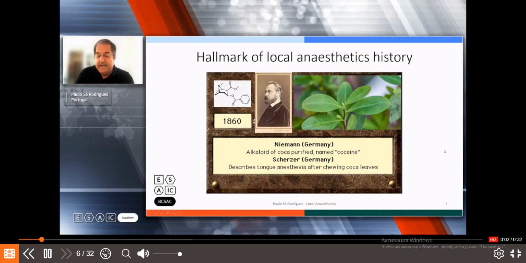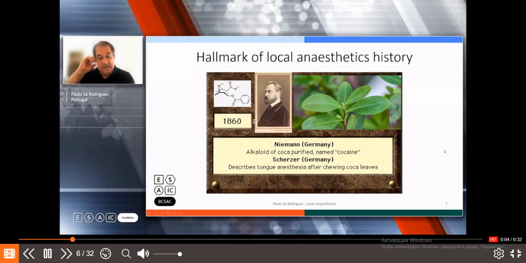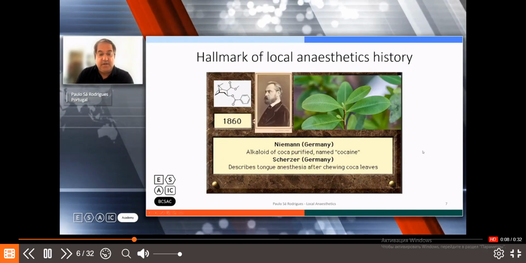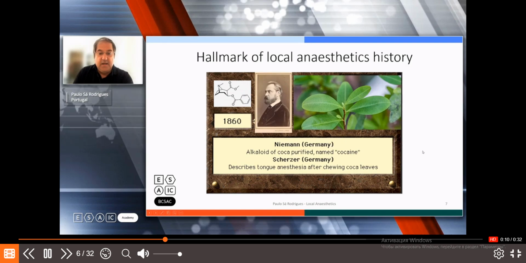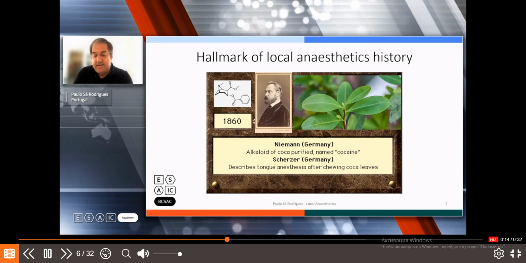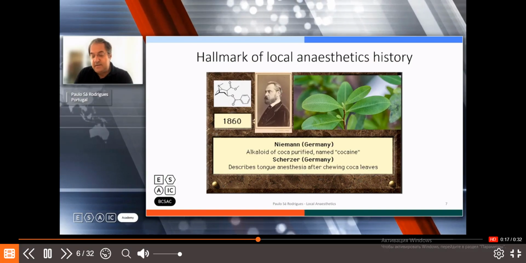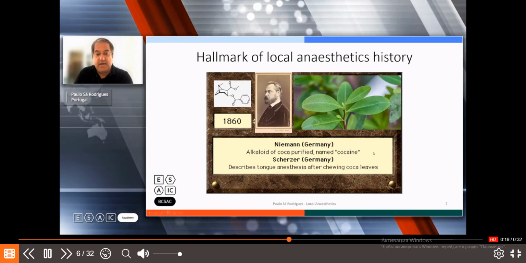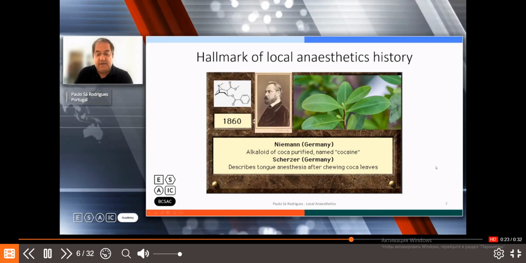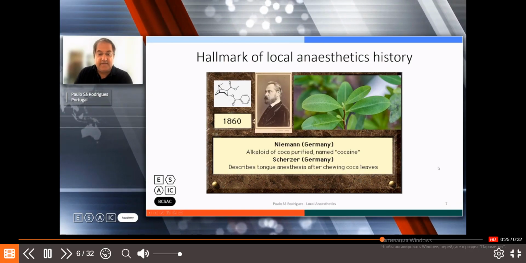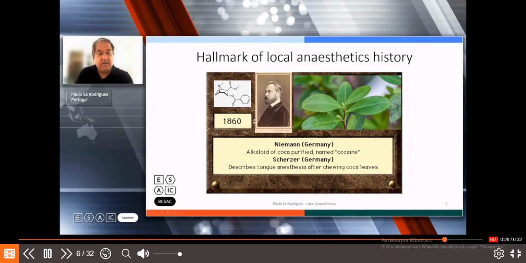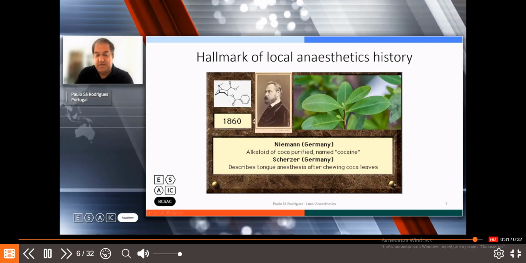These drugs were first synthesized by Niemann in Germany in 1860 from the leaves of coca, and he isolated and purified an alkaloid of coca and named it cocaine. The first description of tongue anesthesia after chewing coca leaves comes also from that year, by Scherzer.